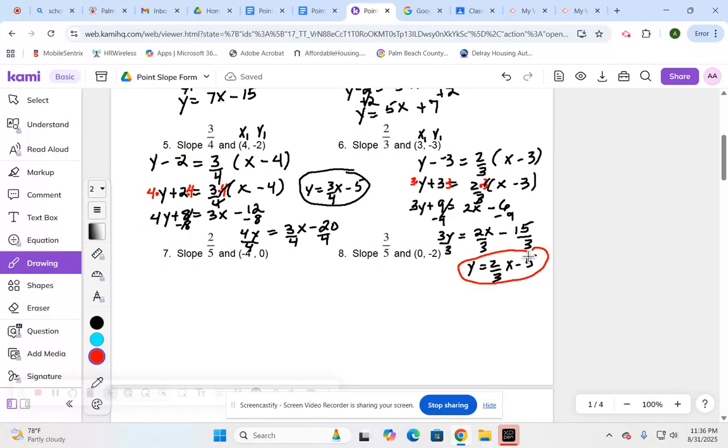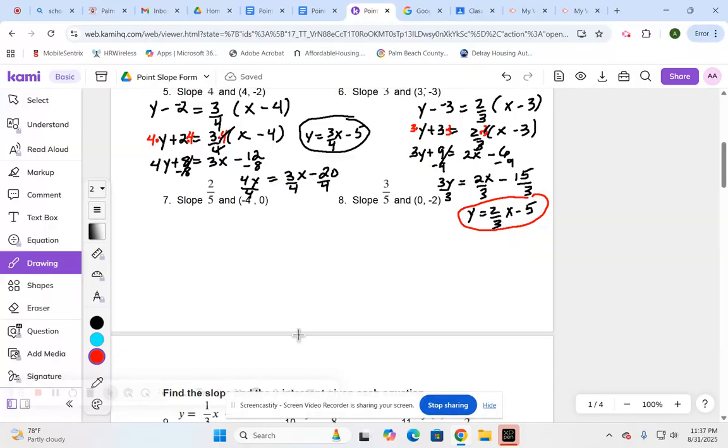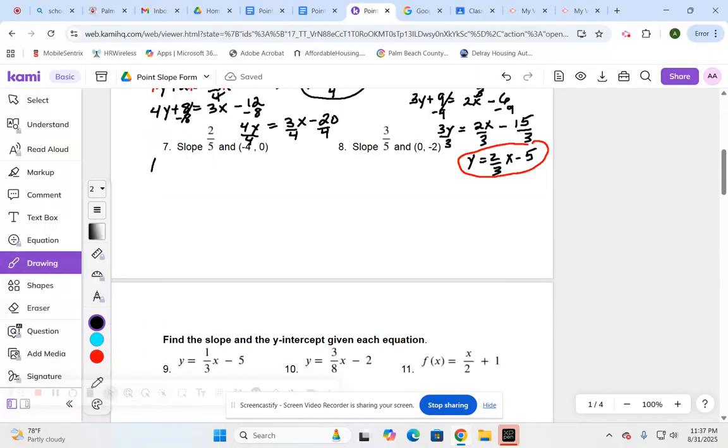All right, I'm going to go on and do 7 and 8. You pause the video and then come back and check and see how you did. Y minus y sub 1, which would be 0, equals 2/5 times the quantity of x minus, that's not 4, that's negative 4. So let's simplify. That's just going to be y equals 2/5 times x plus 4.